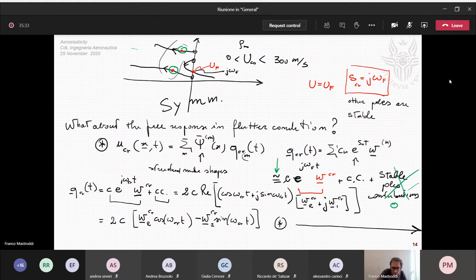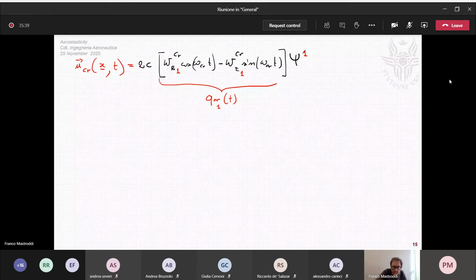Okay, so we are actually rebuilding our final solution, considering the first mode of vibration as a function of x, and we associate to this first mode the first modal component of the eigenvector.